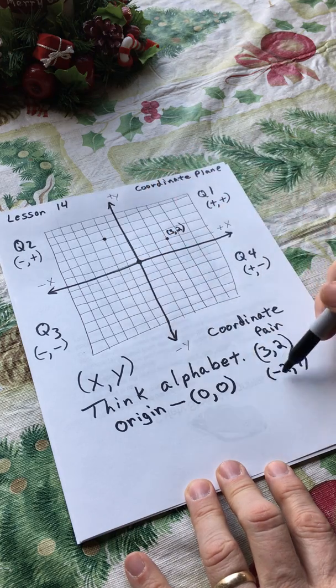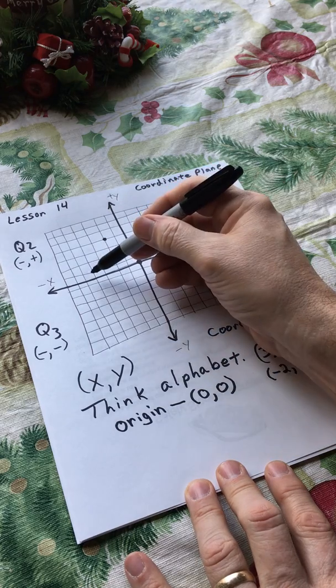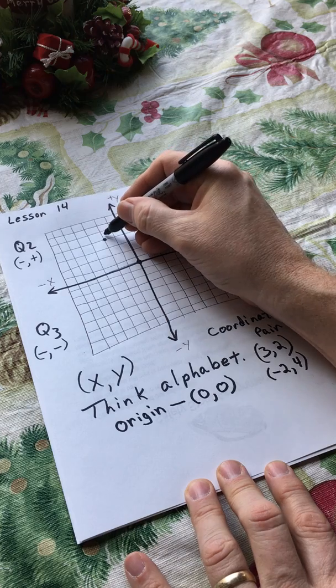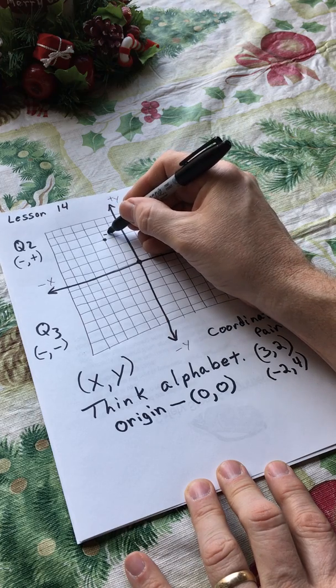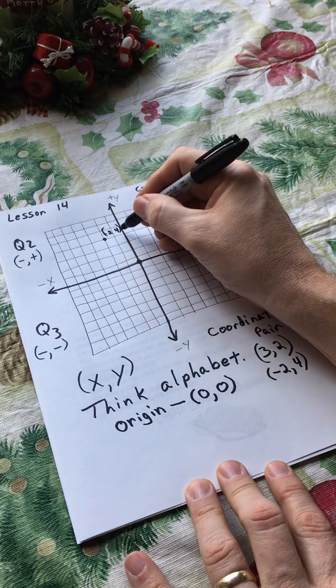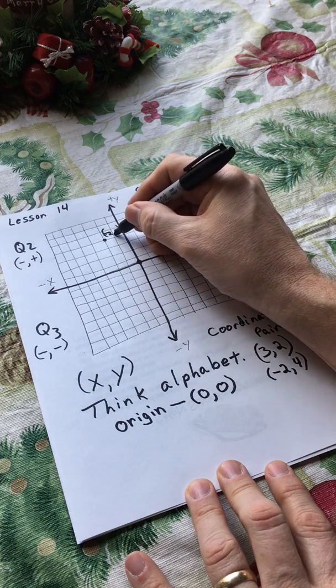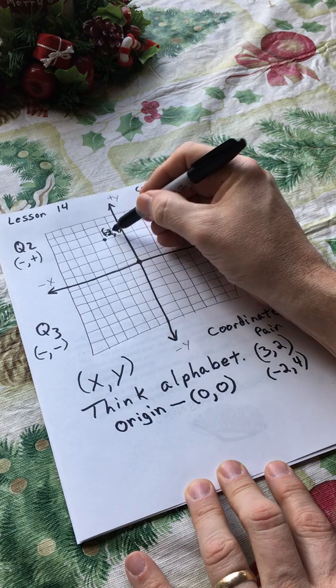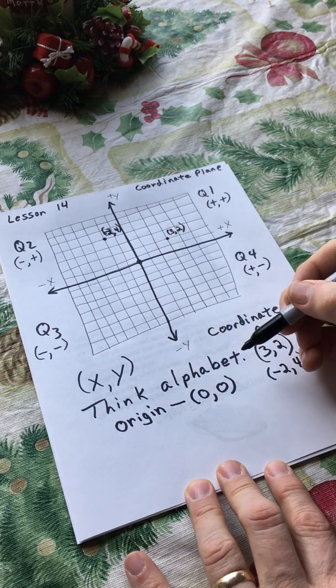So again, you do the x first, and we went over negative, and then up 4. And our coordinate pair would be, in this case, minus 2, plus 4. Always put parentheses around them and a little comma between the two. Okay, so that is minus 2, plus 4.